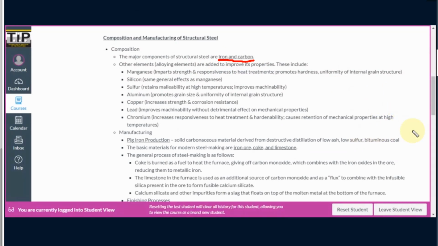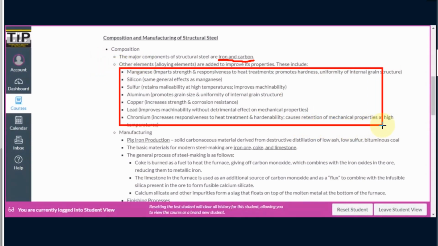What are these elements? We have manganese, silicon, sulfur, aluminum, copper, lead, chromium, among others. This one is not exhaustive. Okay, so these are just some of the chemicals that we add in order to improve the properties of structural steel.